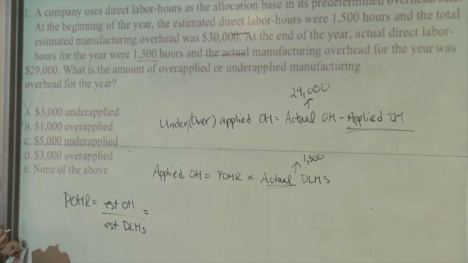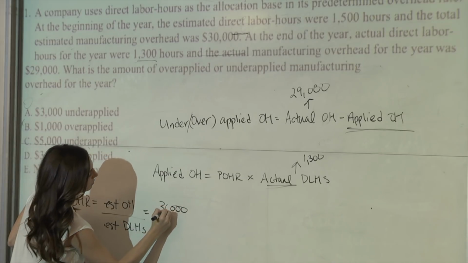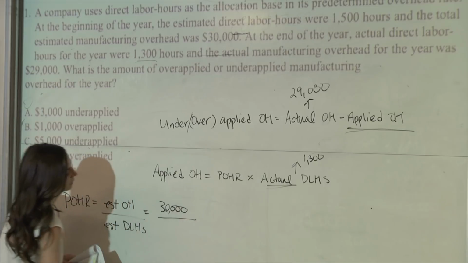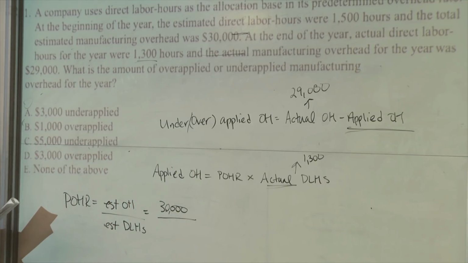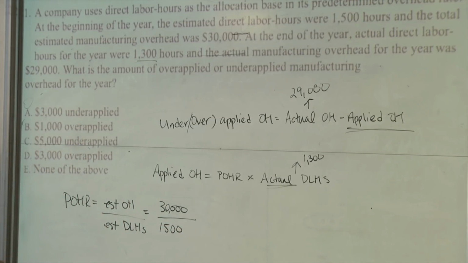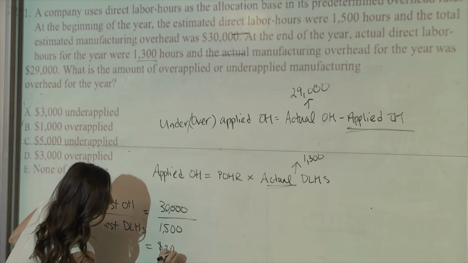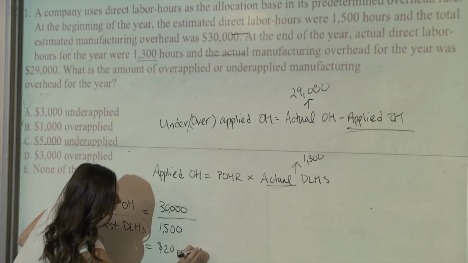So that information is given as $30,000 for estimated overhead. And estimated direct labor hours is 1,500. So remember, predetermined overhead rate, it's always estimated over estimated. Actual never comes into the picture until we get to where we're actually applying. Okay, so then this gives us $20 per direct labor hour.